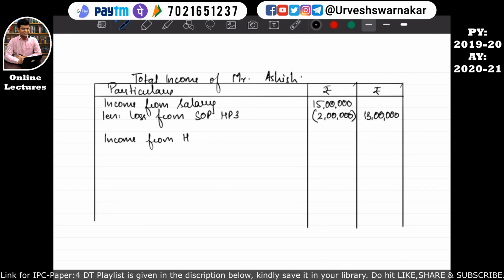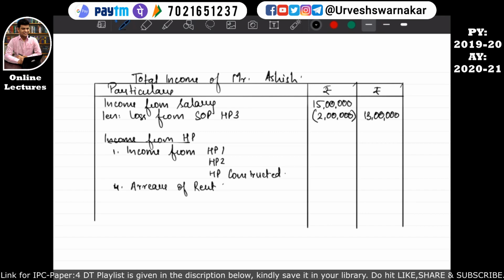Our income from house property will be in this manner: house property 1, house property 2, house property constructed, and arrears of rent.